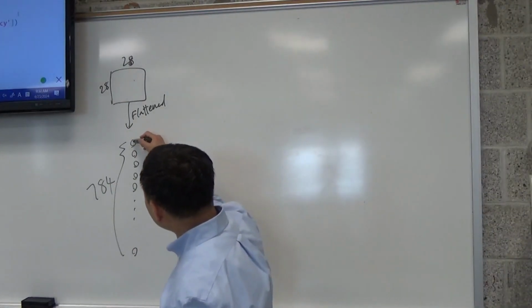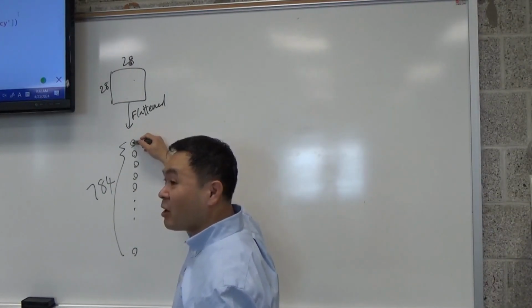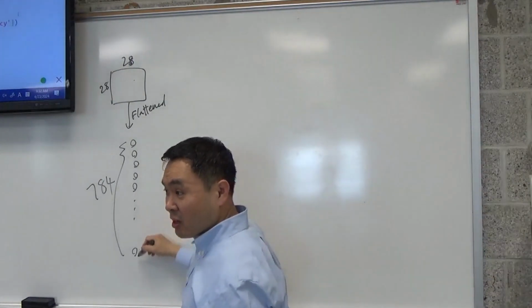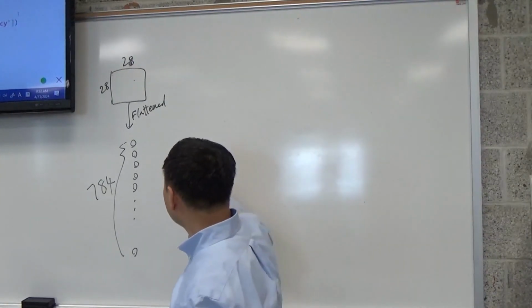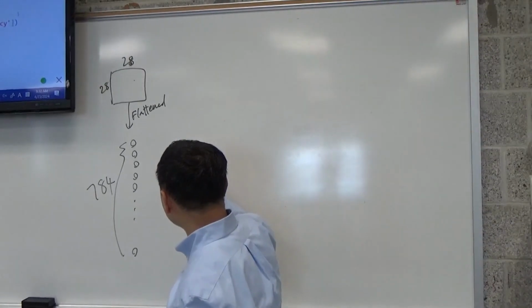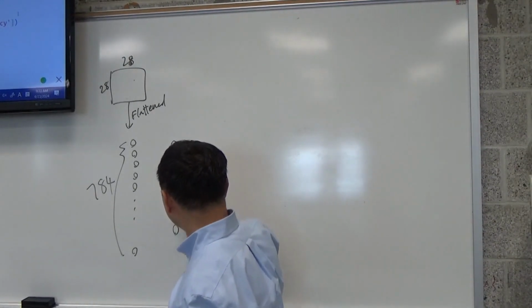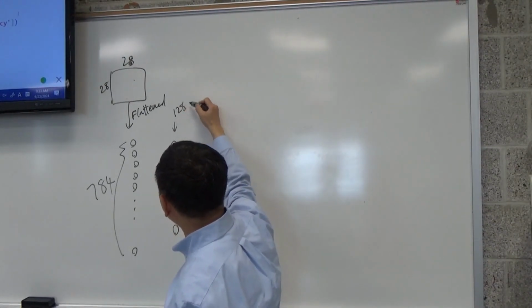All of these inputs are values between 0 and 1. Those get in here, and then you have this hidden layer of 128 nodes.